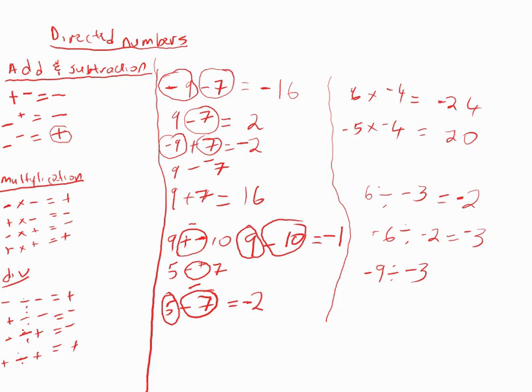So let's come to this one. Negative 9 divided by negative 3. 9 divided by 3 is how much? Is 3. So 9 is negative and 3 is negative. Since the symbols are the same, our answer is positive 3.